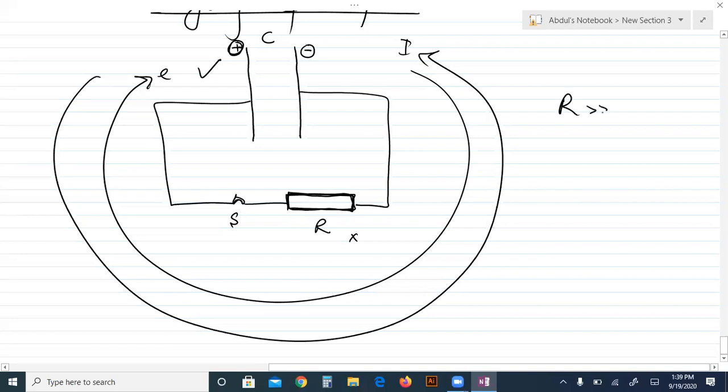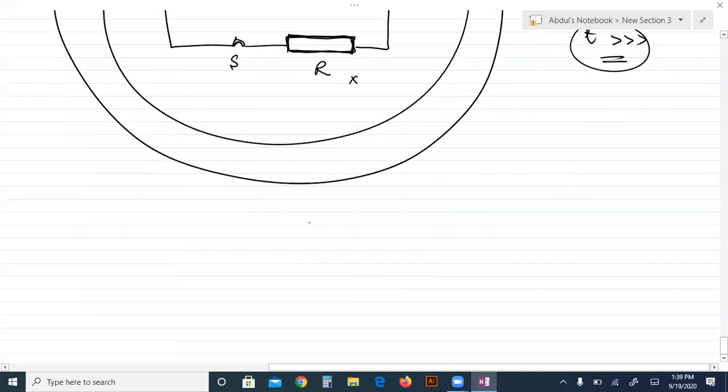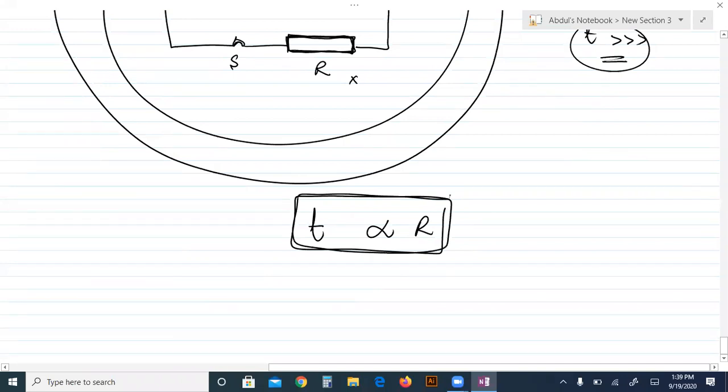The larger the value of the resistance, the smaller the current, so the longer the time to discharge the capacitor. It means the discharging time of the capacitor is directly proportional to the resistance across which it is connected. This T is the discharging time.